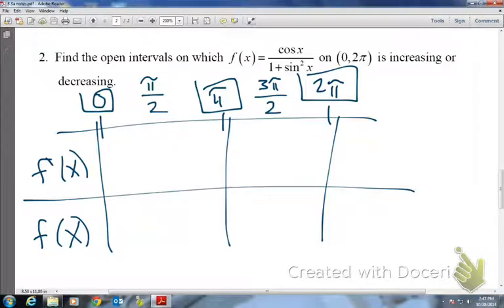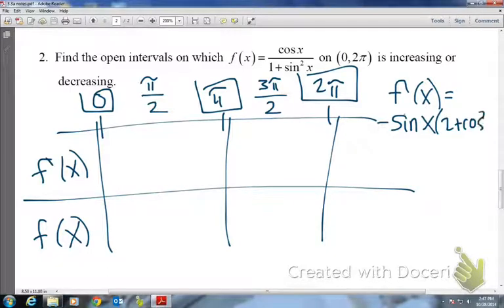So, pi over 2. Let's plug that into f prime of x, which I erased already, but I'll write it again right here for us. F prime of x equals negative sine of x, times 2 plus cosine squared of x, all over 1 plus sine squared of x, squared.